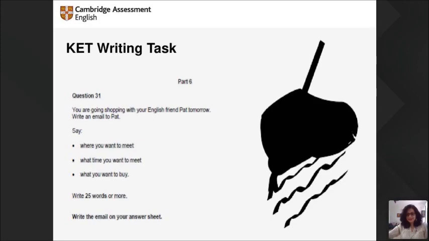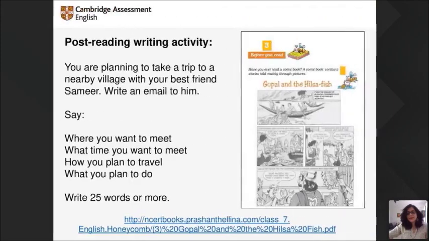That, okay, if I have to design a task based on the existing course book on similar lines, which will prepare them for the KET writing exam, I need to give them a word limit and I need to give them prompts which they will need to include in the body of their written output, whatever genre it is, right?